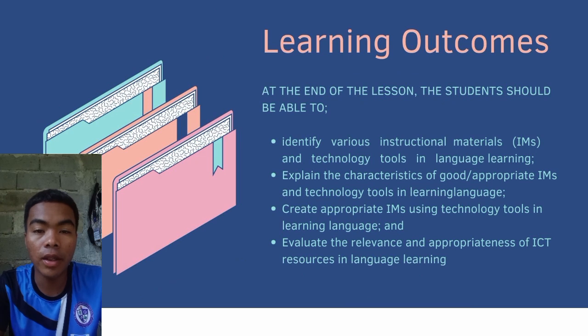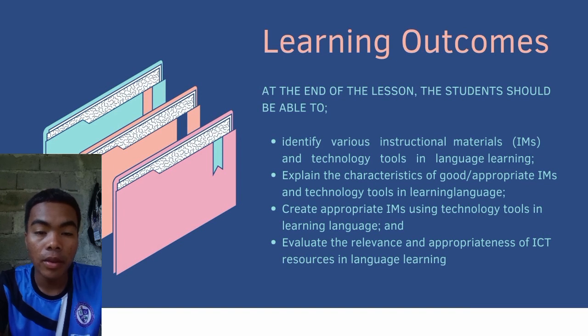At the end of the lesson, students should be able to identify various instructional materials or IMs and technology tools in language learning. Second, explain the characteristics of good appropriate IMs and technology tools in learning language.